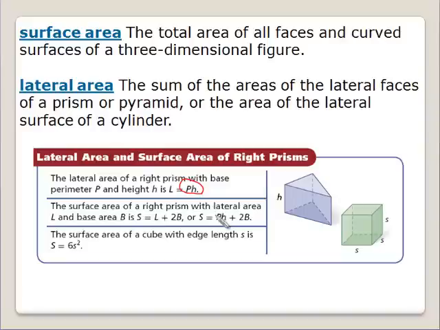All they did is plug it in for L. So my surface area, S, is equal to the lateral area plus 2 times the area of the base. Capital B stands for area of the base. It does not just stand for base. It means the area of whatever that base shape is in your prism.